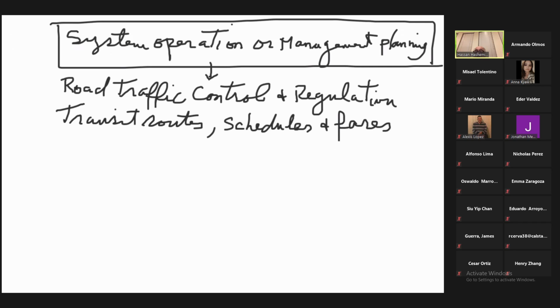They're operating that. So all of those are system operation. And the airport, obviously, they're watching everyone, and they're watching all the airplanes. The operation of this airport is huge also. So all modes of transportation have system operation and management planning.